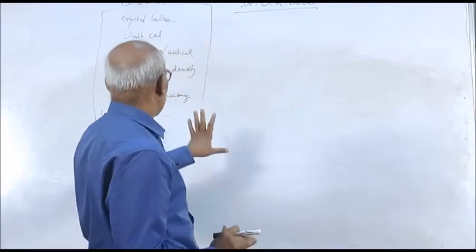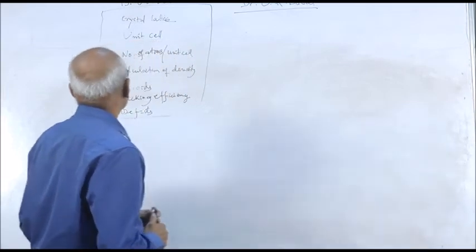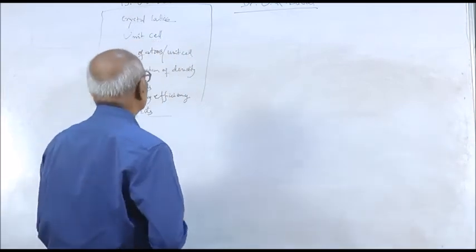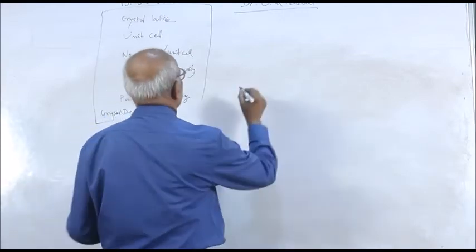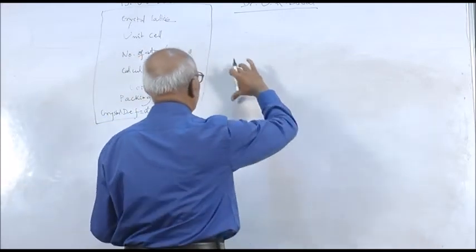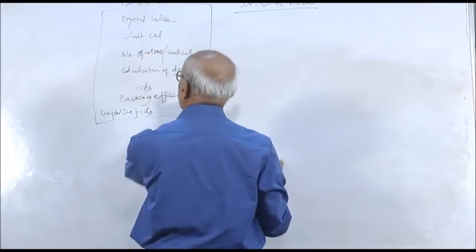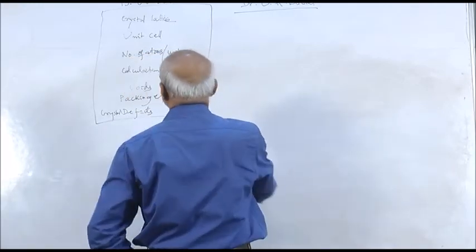So we shall see what types of defects there are and how defects occur. We shall discuss in brief, through a flow chart, because our time is not much. We shall discuss the crystal defects very briefly.